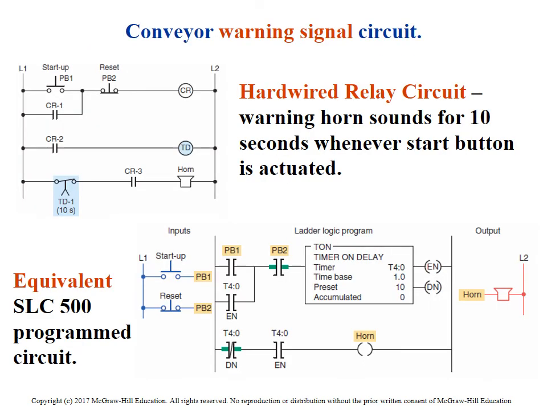So here's another example of a circuit in a hardware program. You can see the seal-in circuit here. We turn on this, and when that turns on, it turns on the timer. The timer looks like it starts the horn immediately. When the timer times out, it opens up that circuit, turning off the horn.